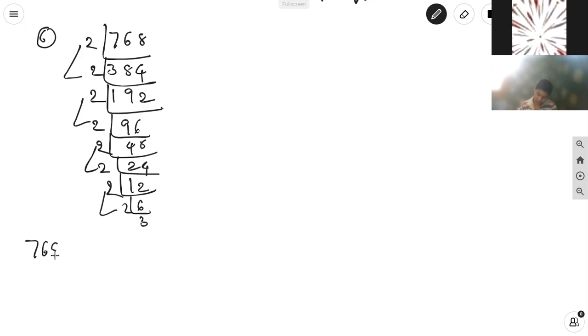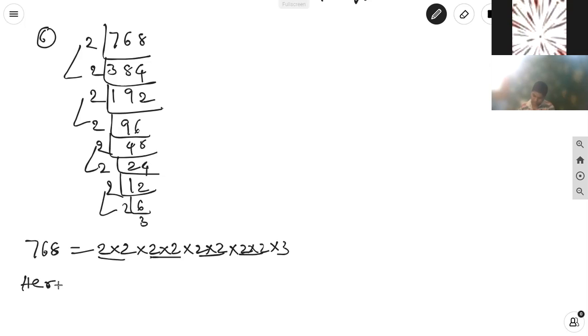So 768 equal to 2 into 2 into 2 into 2 into 2 into 2 into 2 into 2 into 3. Here 3 is not in pair.